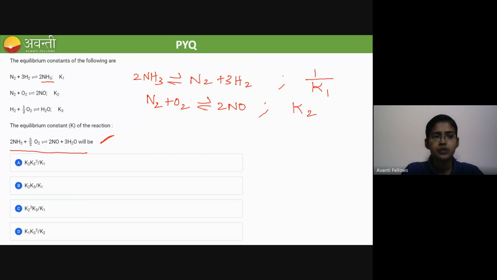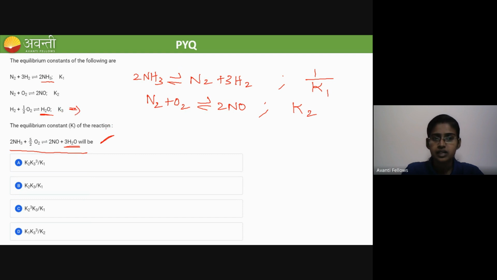And what else we have? We have 3 moles of water on the right side. But in the third reaction, we have water, but there is only 1 mole. So what we can do? We can multiply this third equation by 3. So if I multiply this third equation by 3, what will I get?